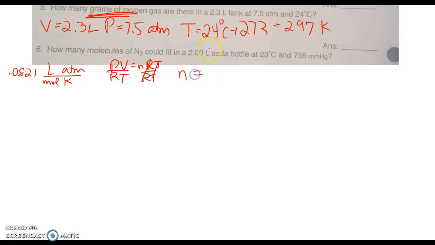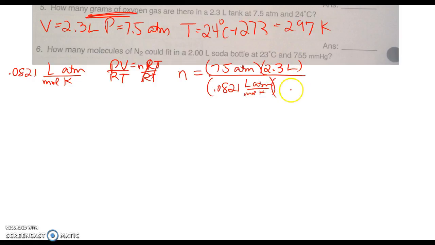So n equals the pressure, the volume, over R, temperature. All right, so 7.5 times 2.3 divided by 0.0821 divided by 297.